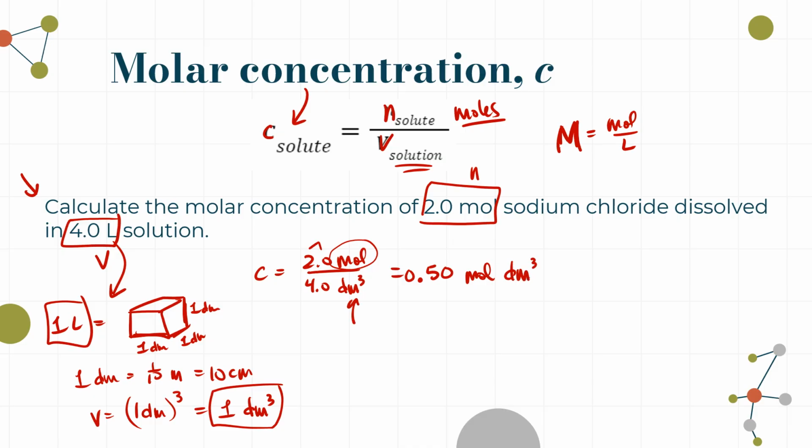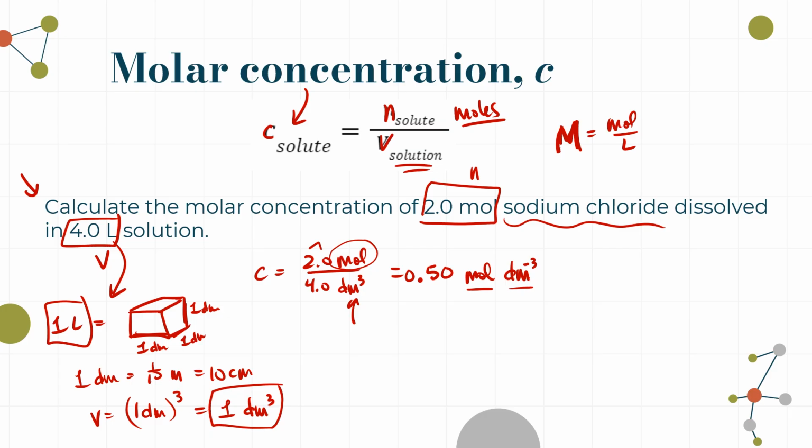To show that it's in the denominator, I'm going to use a -3. That negative in the numerator means that it actually is supposed to be in the denominator. So here I have moles per cubic decimeter, which is the same thing as moles per liter, which is the same thing as molar. So this is my concentration, 0.50 moles per cubic decimeter.